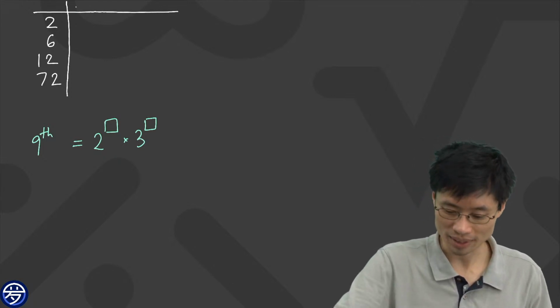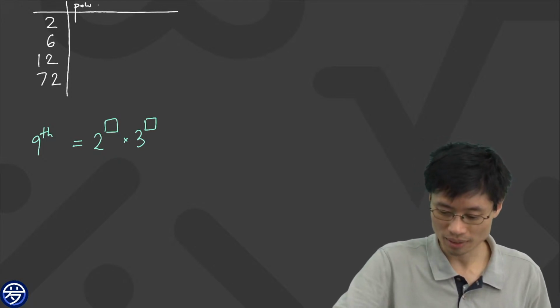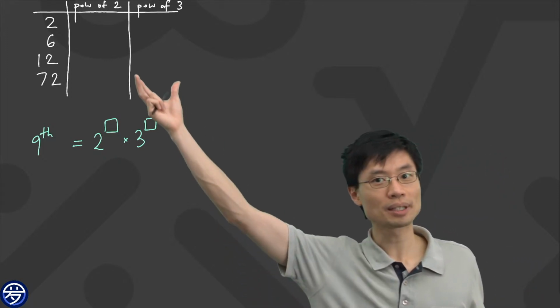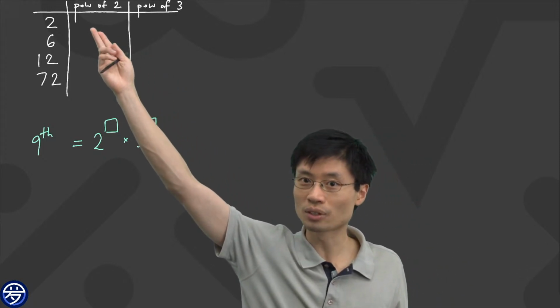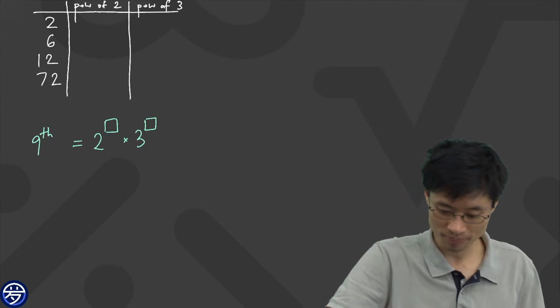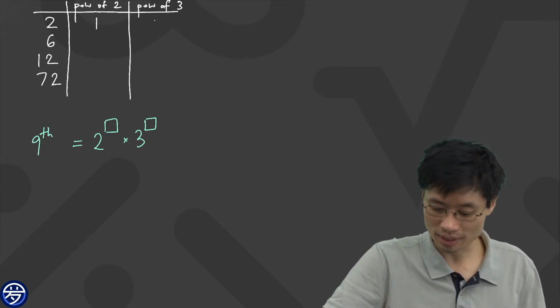Well, let's call it power. The power of 2 in the answer, the power of 2 in the 2, and the power of 3. Does my table make sense? What's the power of 2 if I just have 2? Well, 2 is just 2 to the 1 times 3 to the 0.